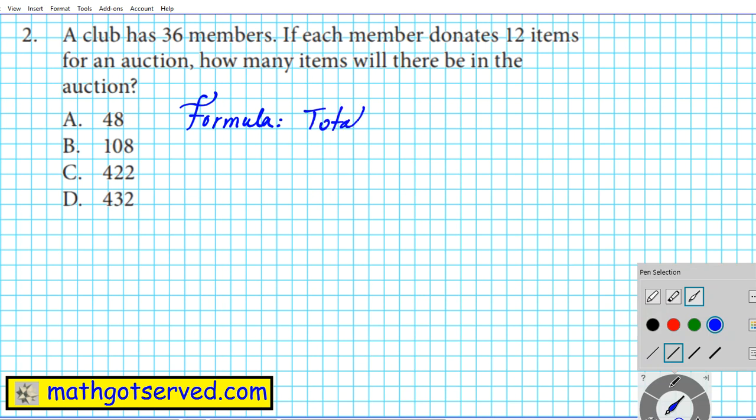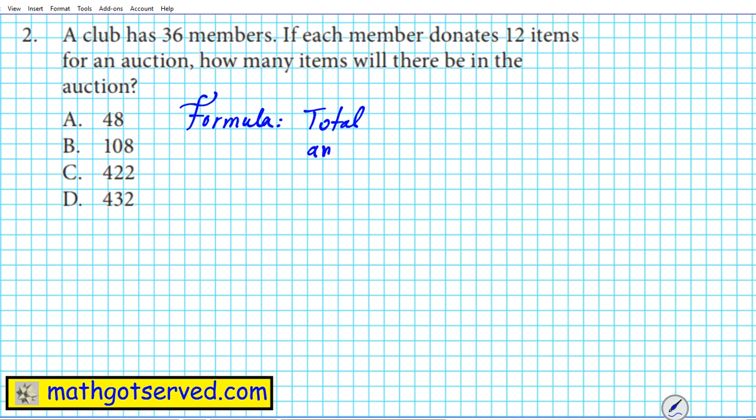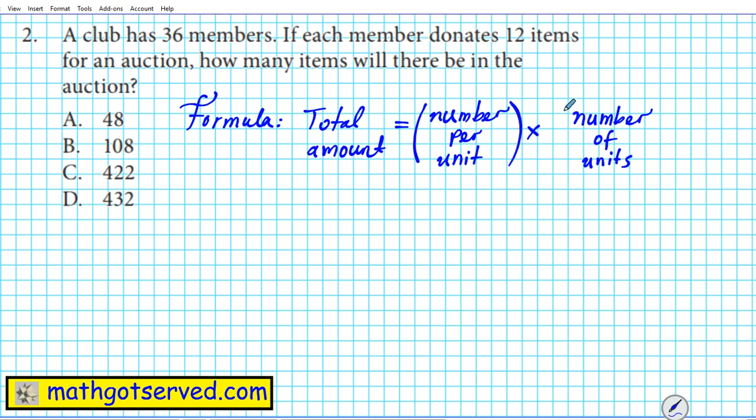The total amount is equal to the number per item, or units, number per unit, multiplied by the number of units. This is a very nice formula to know because you're going to have multiple questions where you have to apply this particular formula.